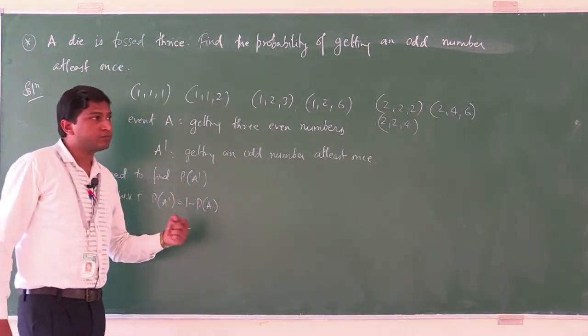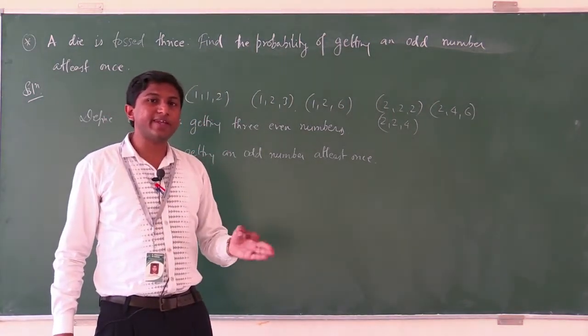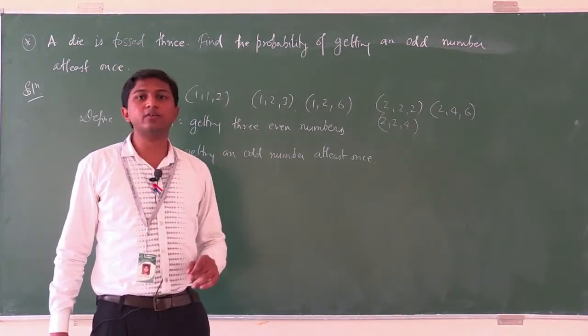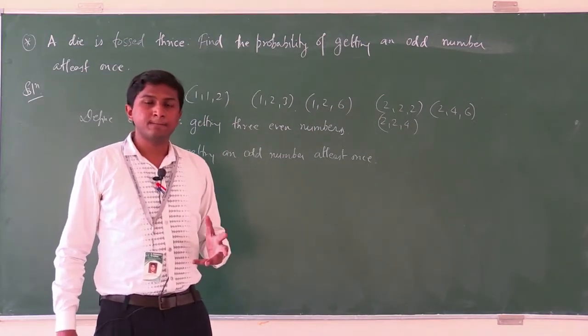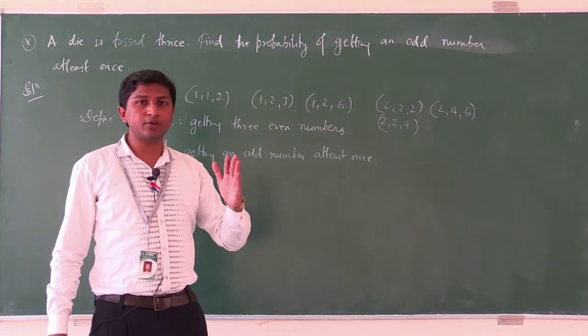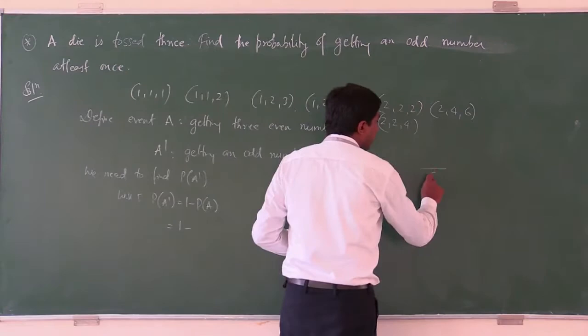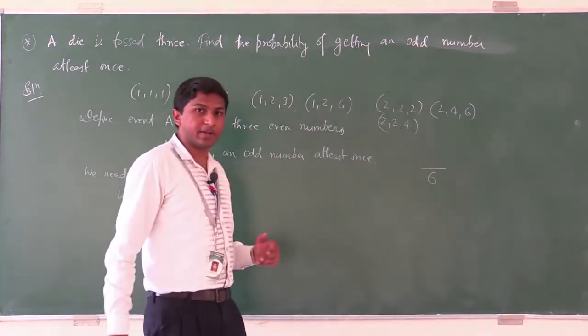Now, what is the probability of getting an even number in one toss of a die? Totally there are 6 outcomes, numbers 1, 2, 3, 4, 5, 6. So 6 comes in the denominator, right?